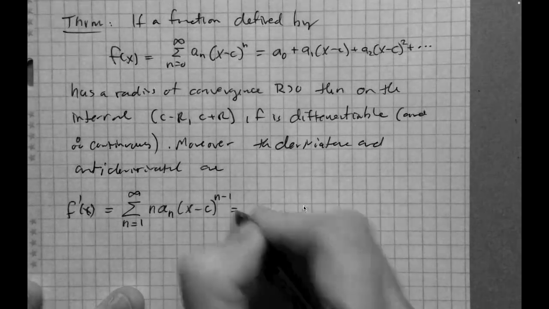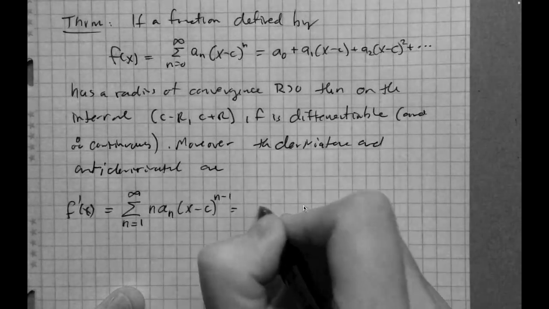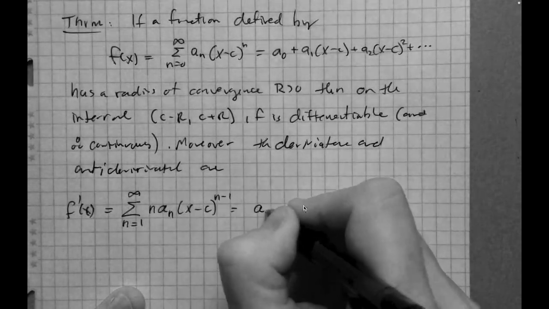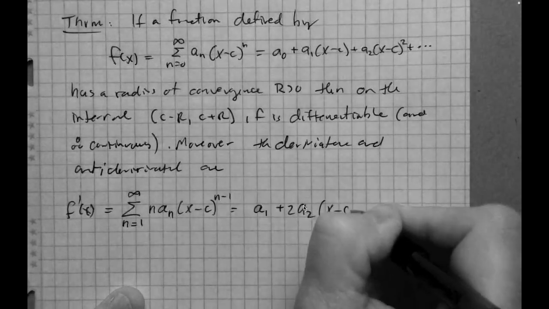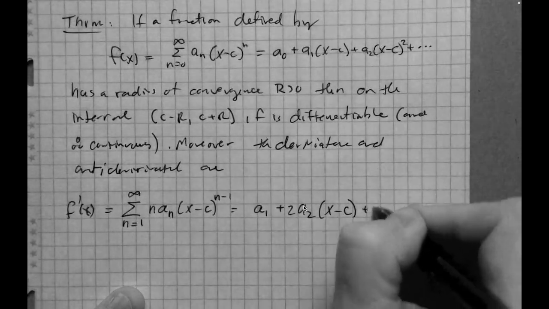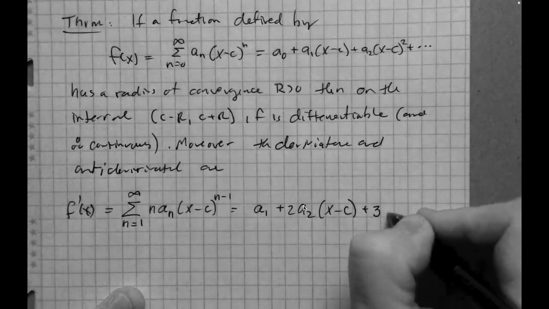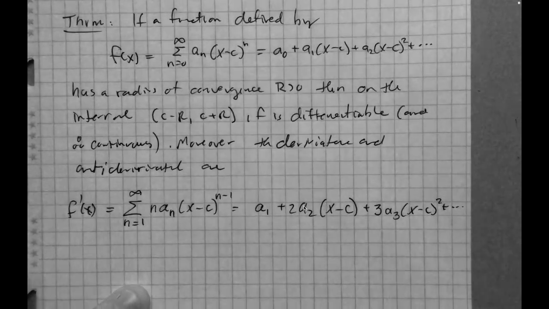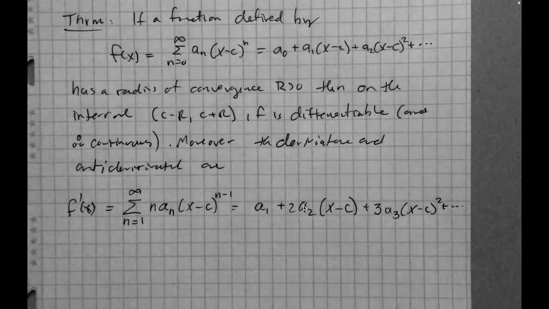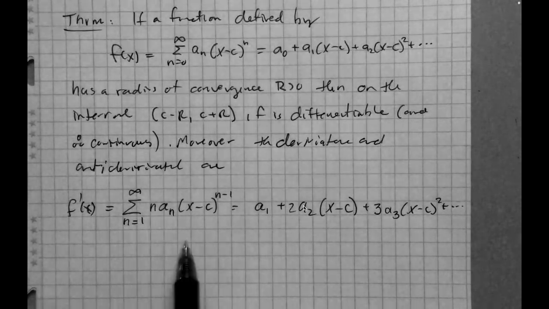We know that's equal to a1 plus 2a2 times x minus c plus 3a3 times x minus c squared plus and so on. You can see the pattern there. This is just the first derivative.